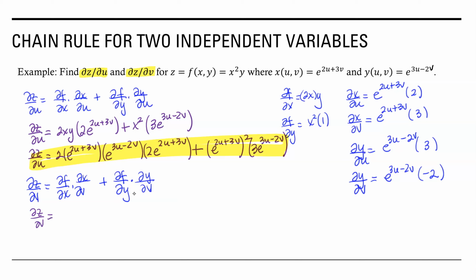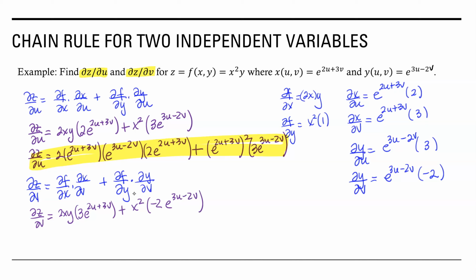It's partial of f with respect to x, so 2xy, times the partial of x with respect to v. That's going to be 3e to the 2u plus 3v, plus the partial of f with respect to y, that's x squared, times the partial of y with respect to v. So negative 2e to the 3u minus 2v.